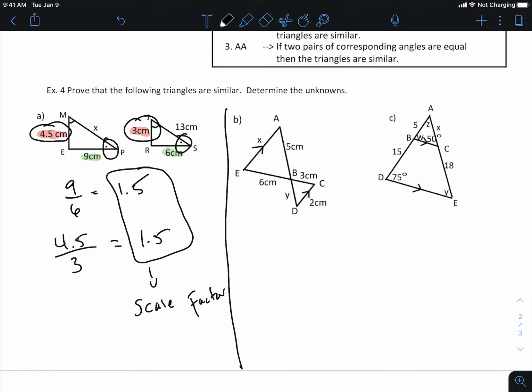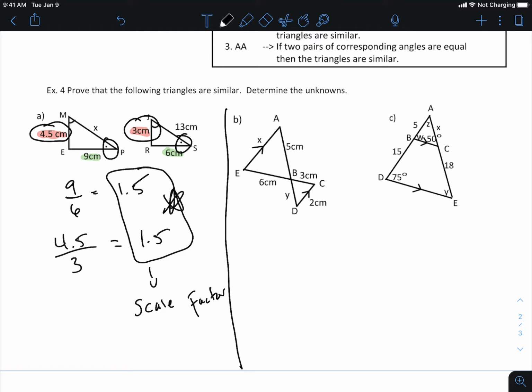Yeah, Ibrahim? So let's say you divide one side by the other, and it doesn't give you 1.5. Like if it's 5 divided by 3, then you don't have a common scale factor. Yeah, this has to match. But what if you get a question where it doesn't match? That's not similar, and you'd have to use a different solving method. This, I'm going to say, is the simplest of all the solving methods.